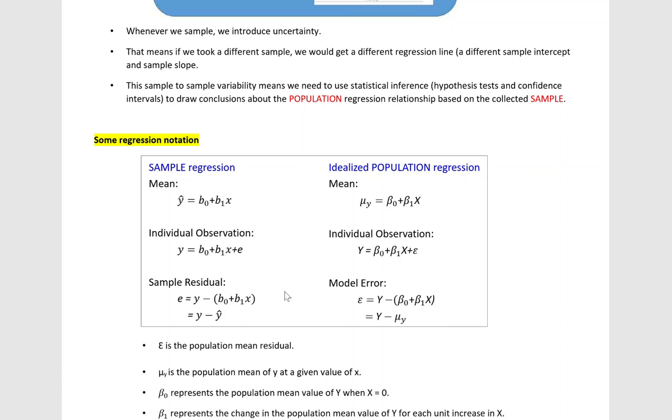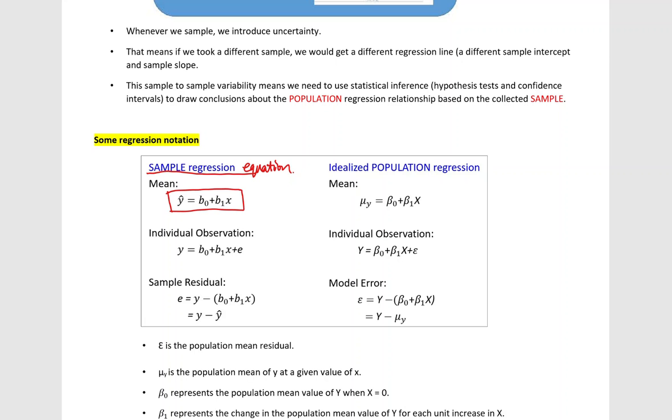We say we want to estimate the population, but we cannot do everything about the population. That's why we choose a random sample, so that based on this sample, we can estimate the population. So if you have a random sample, then based on the sample, you will get a sample regression equation. This is the sample regression equation for prediction.